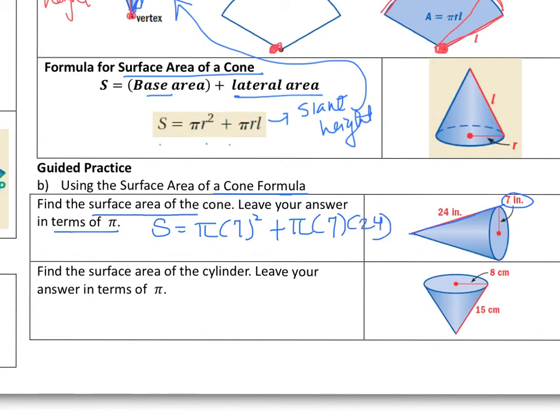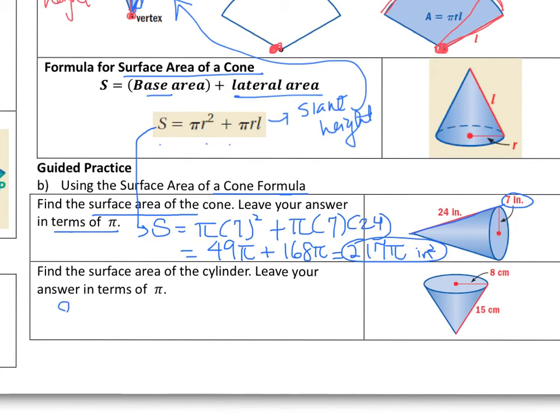Basically, I just took this formula and substituted in the corresponding numbers. And you should get 49 pi plus 168 pi. Then you keep simplifying this, and you should get 217 pi inches squared.